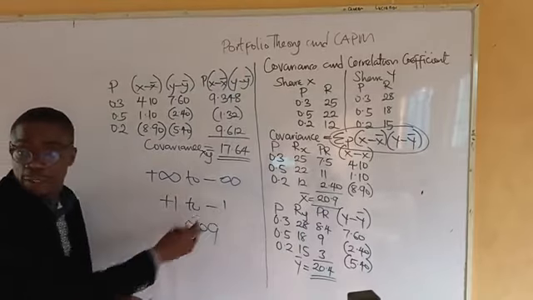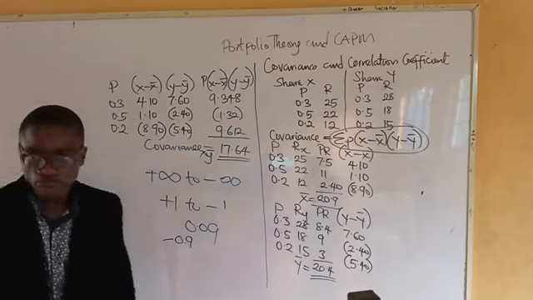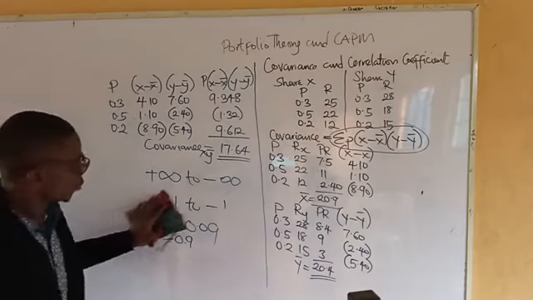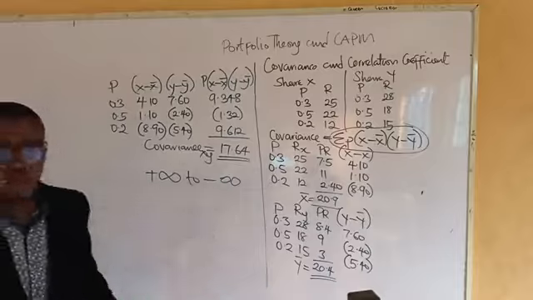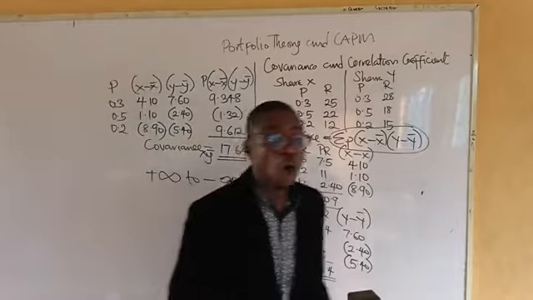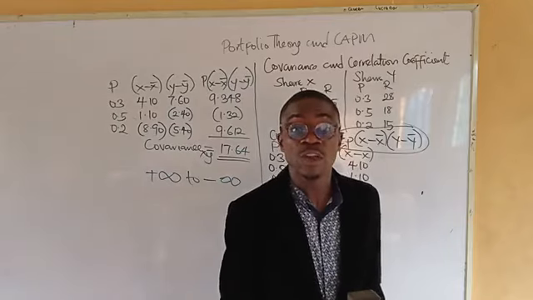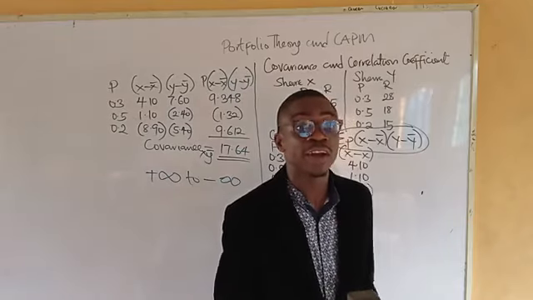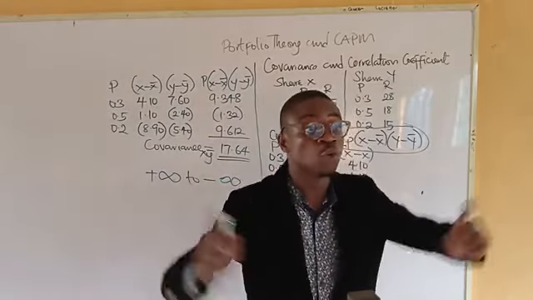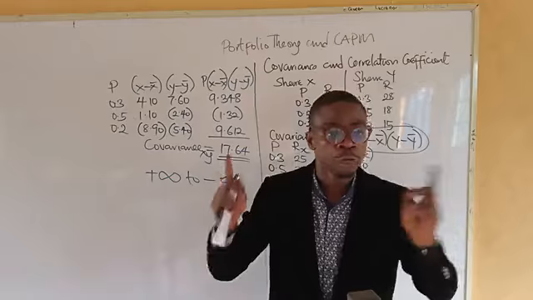It's still within this range. Are you getting what I'm saying? In covariance and in correlation coefficient, when your answer is 0, that means there is no linear relationship between the two variables.